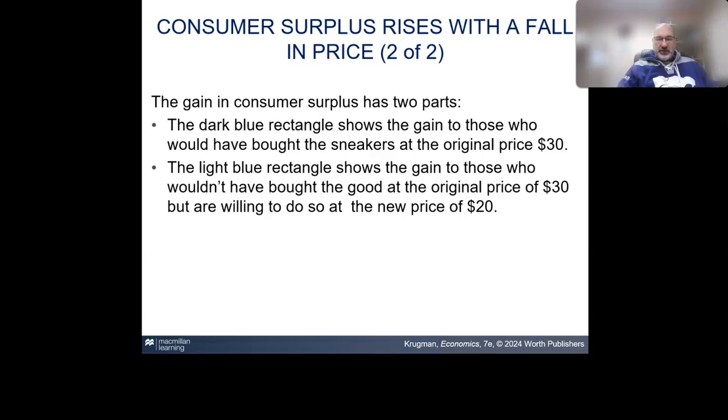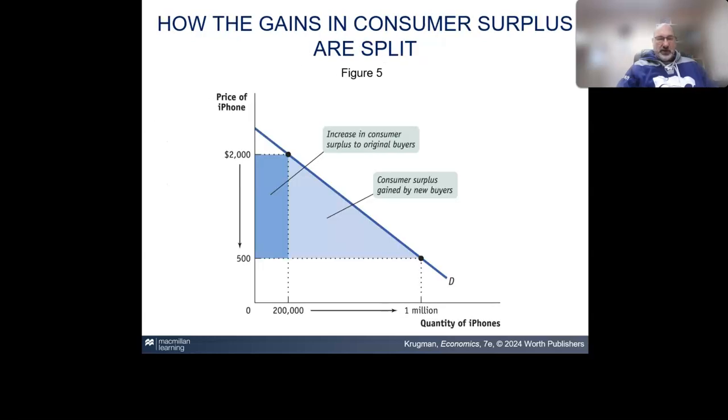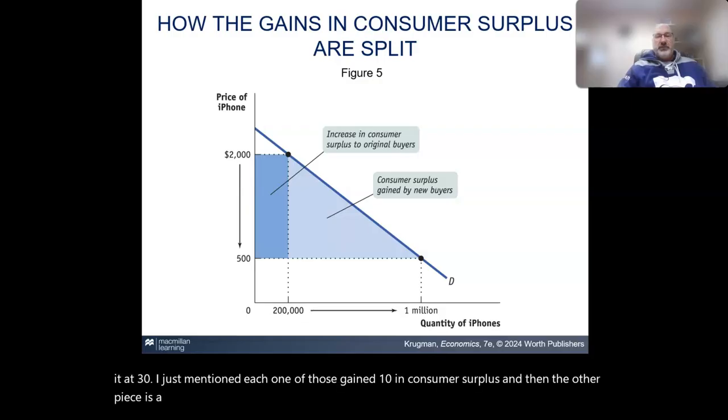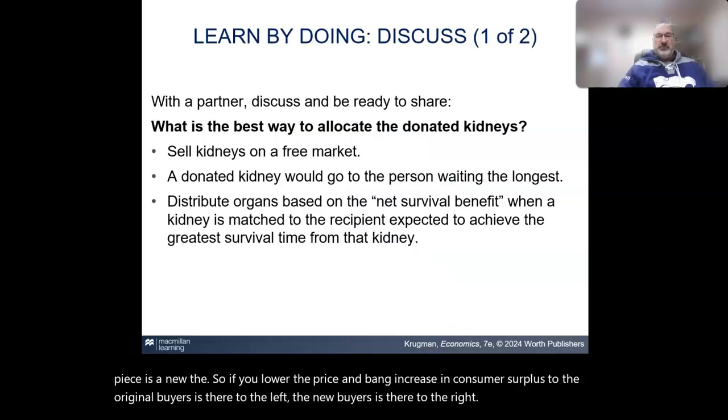So he has a consumer surplus of 5 that he didn't have before. And so here is that whole thing geometrically. If you lower the price, bang, increase in consumer surplus: the original buyers are to the left, the new buyers are to the right. So that's the way that looks.